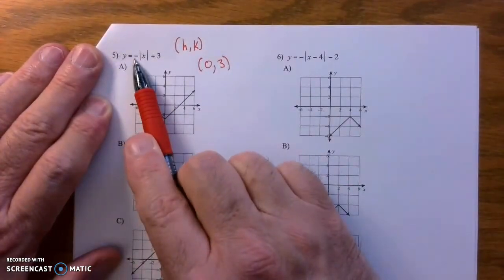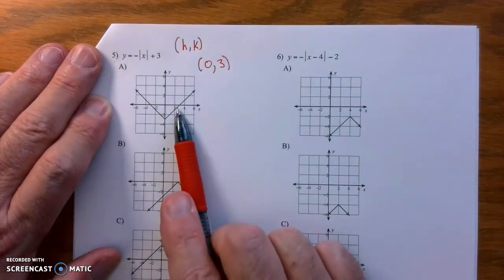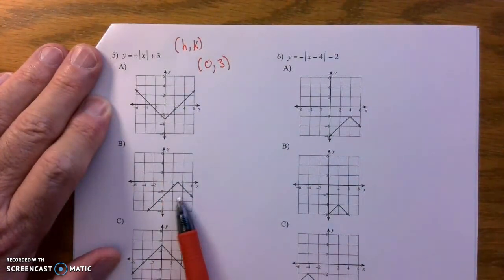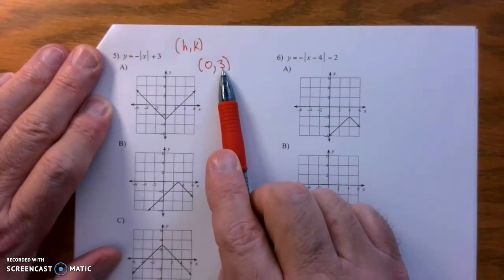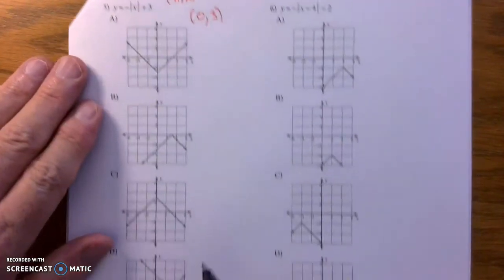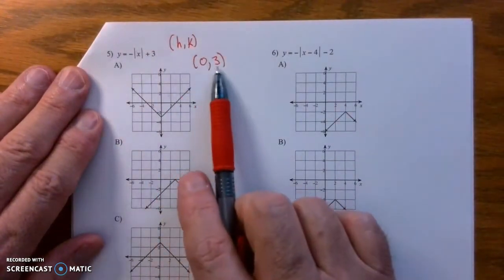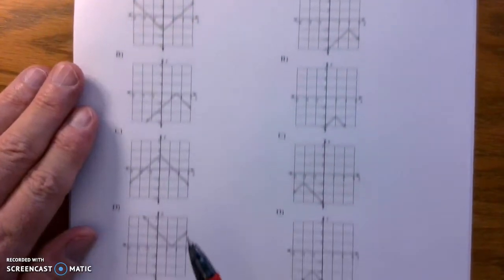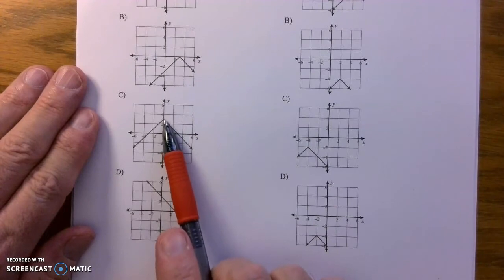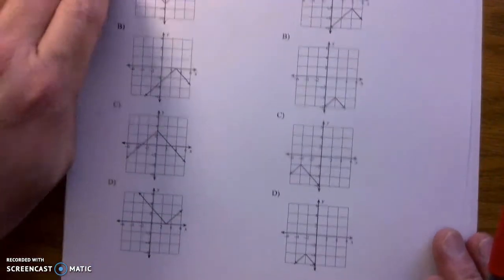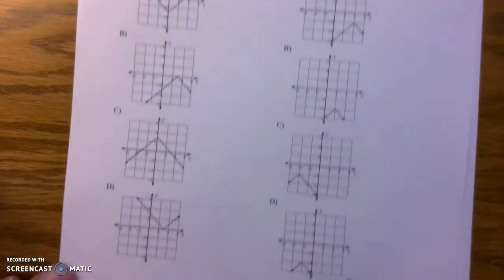It's upside down. Don't forget it's upside down, so that's not this one. That's upside down, but we need to go along the y-axis. We need to go up 3. Yeah, it's this one right here. I see it. Upside down, +3. Go back up and look at the formula. Yep, +3, upside down. That's it.